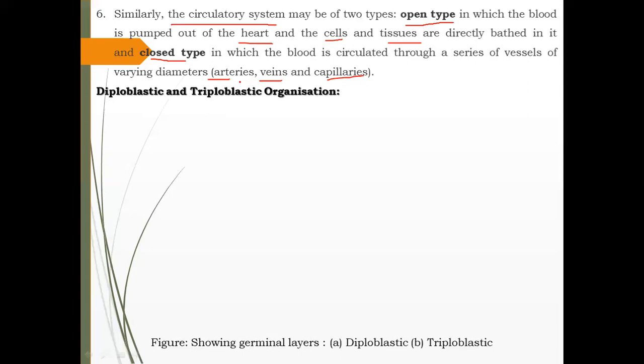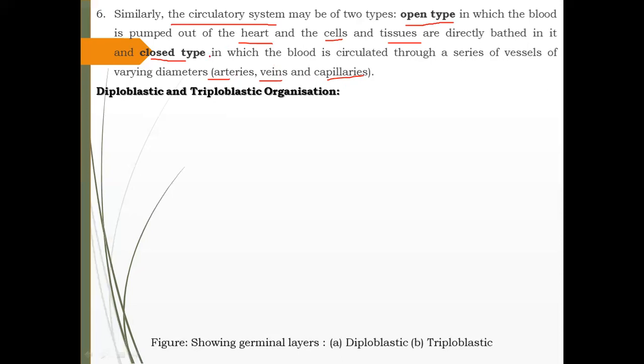You know, arteries carry the oxygenated blood, veins carry the deoxygenated blood, and capillaries mainly function to pass the blood to the small cells of every organ system of the animal's body. They are very small, and they reach each and every organ.